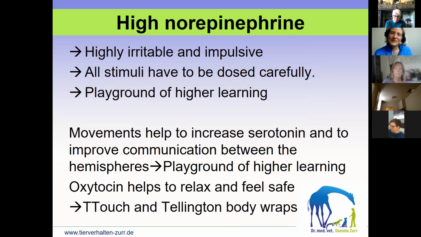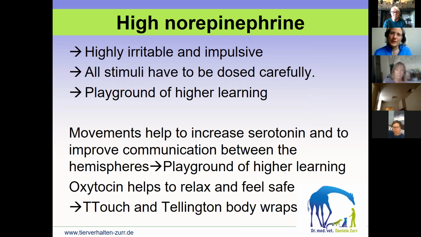So for these dogs, all stimuli have to be dosed carefully to help them to learn. And I think one of the best places where we can do this is our playground of higher learning, because we have infinite possibilities to make things easier for an animal and to find a solution that works for this individual one.